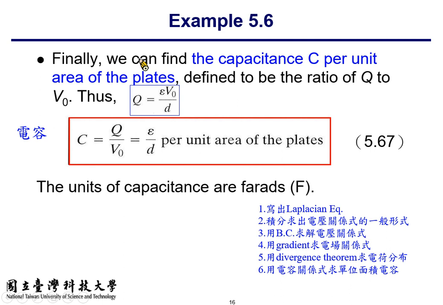Well, you can make the two plates closer, the spacing smaller. Yeah, that's one possibility. How about the other? You can increase the magnitude of epsilon. That is, you can stuff the capacitor. You can put a dielectric of a larger permittivity within the two parallel plates.